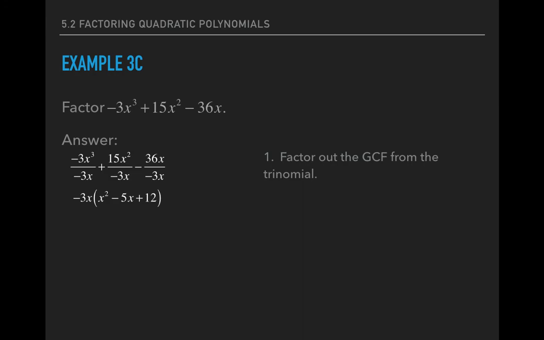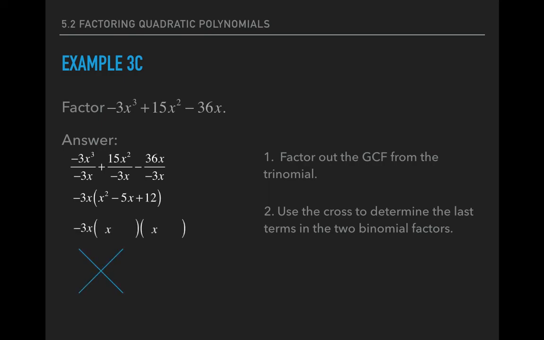Okay, now that inside portion, we want to try to factor it as well. And you can try and do that mentally, or you can try using the cross to help you out. What would go in the bottom is your b value, which is -5. And on top would be your AC value, which is going to just be 12.